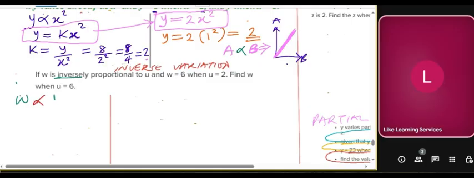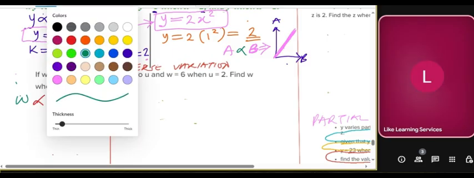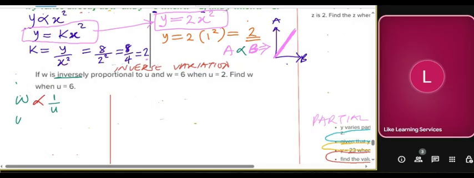Am I right? Okay, then you also introduce the concept of proportionality and change that to equality, so it now becomes W equal to K over U. Am I right?